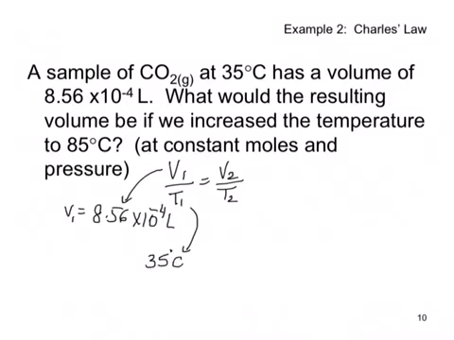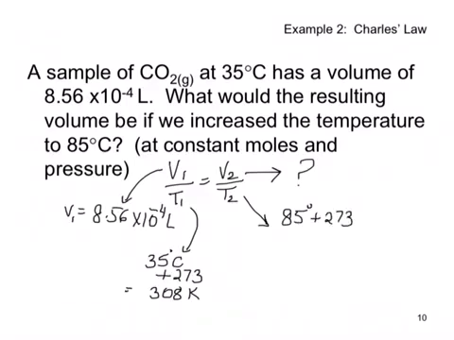Realize I just said a couple minutes ago that the temperature has to be in Kelvin, so you will need to add 273 to this. That will give you 308 Kelvin. Volume is what we are seeking, the final volume. And the final temperature is 85 degrees Celsius. Again, you will need to add 273 to that such that we have 358 as the final temperature.